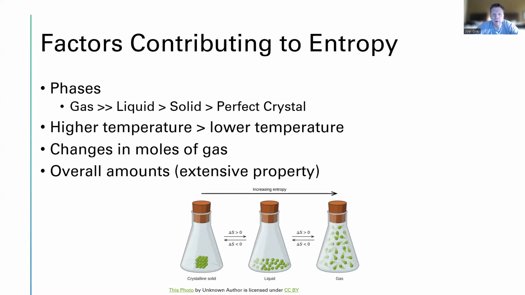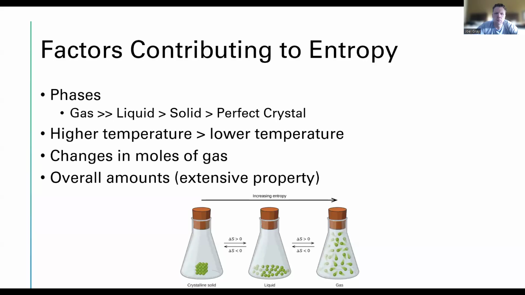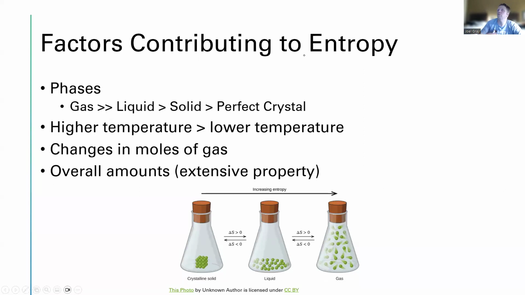What we have here is a ranking of different substances from their levels of order. So if we've got gas, liquid, solid, and a perfect crystal, I always think about these in terms of, let's imagine that we have atoms that make up these different phases.